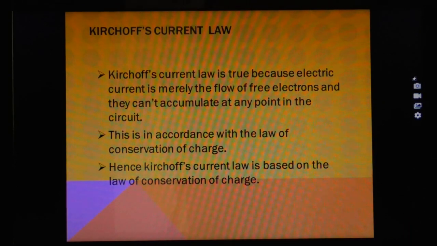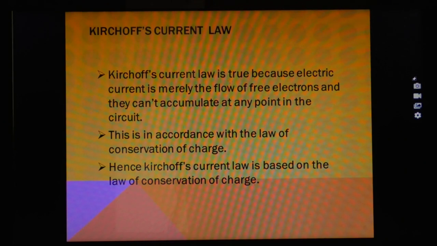Kirchhoff's current law is true because electric current is merely the flow of free electrons, as we know. What does it mean when we deal with the current? Current is the flow of charge. Rate of flow of charge is known as current. So this Kirchhoff's law is true because current means flow of electrons, and they cannot accumulate at any point in the circuit because electrons always move.